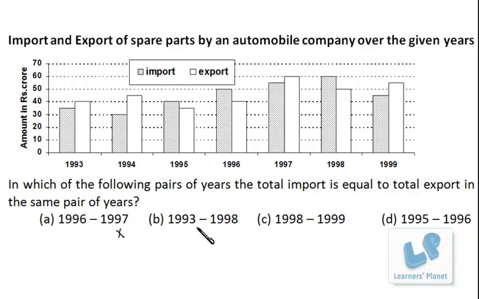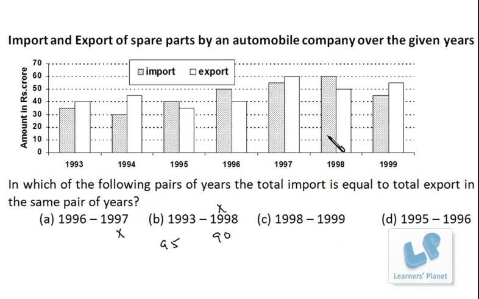Similarly we can check for 1993 and 98, 98 and 99, and other options, right? In 1993 and 98 the total import is 35 plus 60, that is 95, and export is 40 plus 50, 90, so even it's not the correct option.